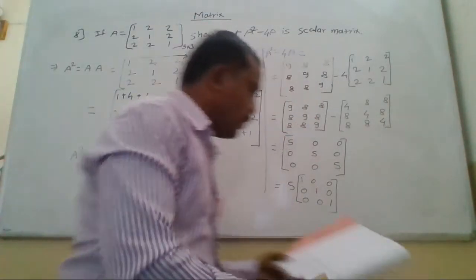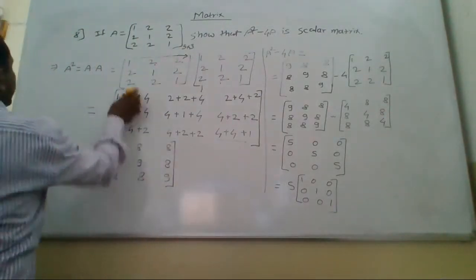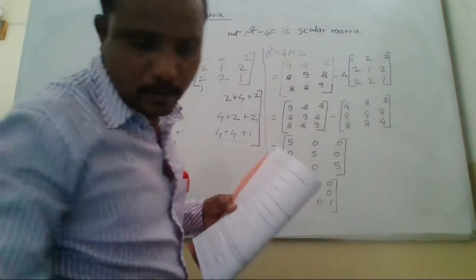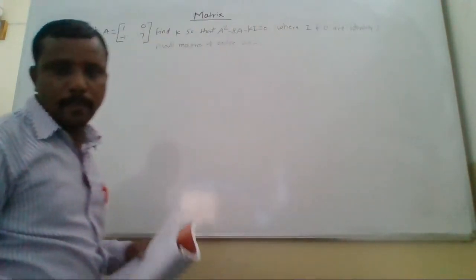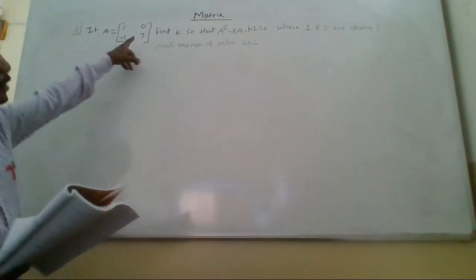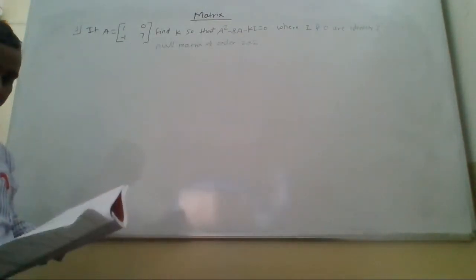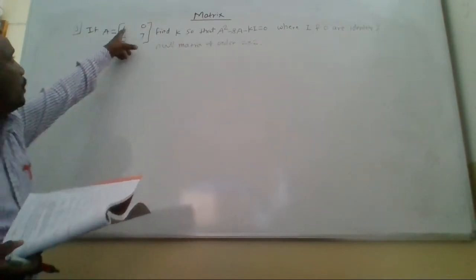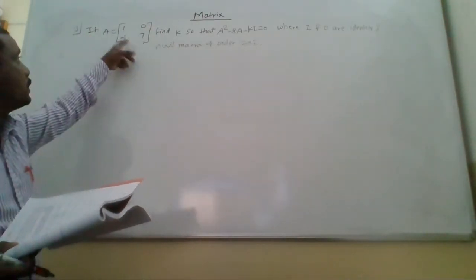Now the second example, the 9th example from our exercise 2.3. If A is equal to [1 0; minus 1 7], this is a matrix.